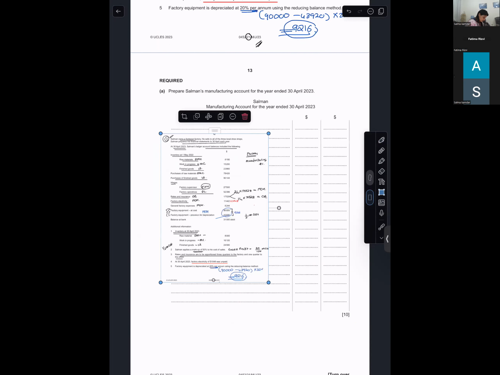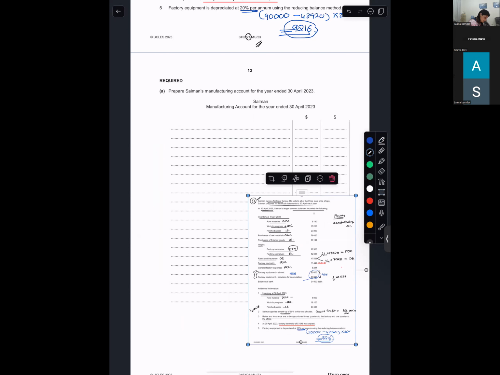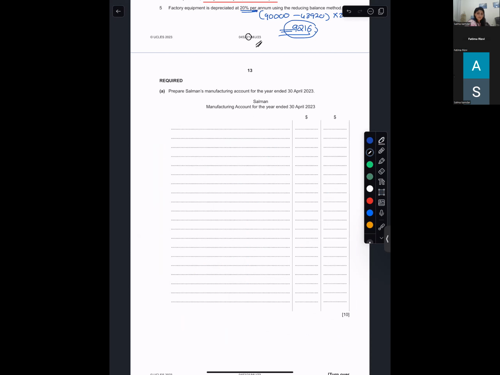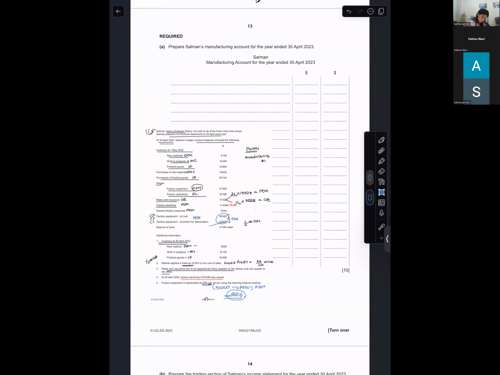Then we add factory overheads, which gives us the manufacturing cost, then add opening work in progress and subtract the closing work in progress, which gives us the cost of production. You all would be able to do it yourself, so I'll give you time. We'll do this sum together.